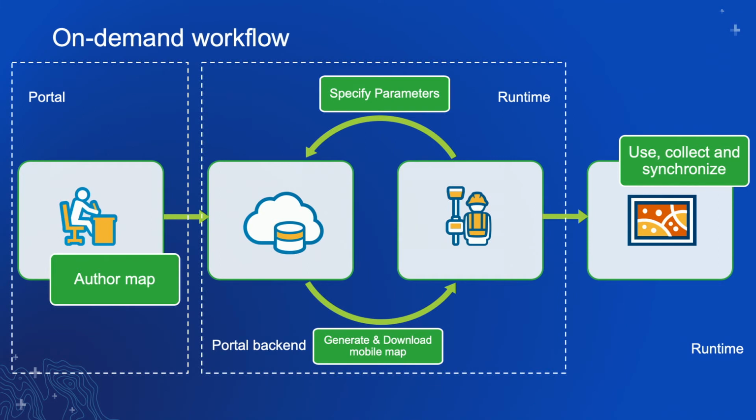Your application accesses that map from the portal, and when it's ready to go offline, it sends some parameters over to the portal that ask the portal to package all of that data up. It extracts tiles from tile services and features from feature services, and then downloads all of that data onto the device.